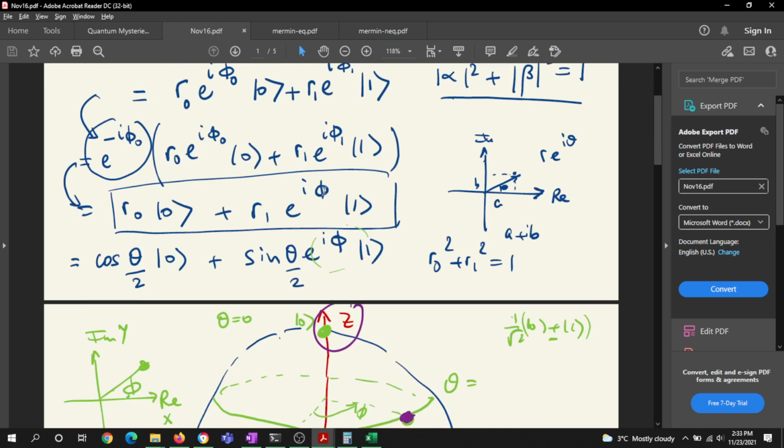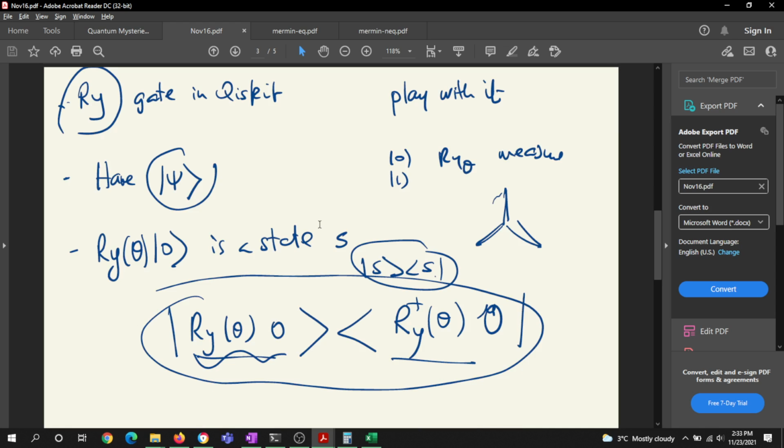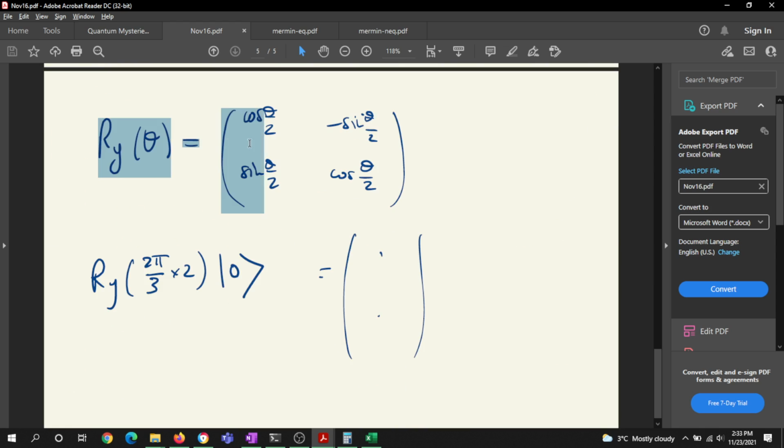In order to motivate how we're going to do the Mermin experiment, we propose a projector that has a custom rotation around the y-axis by a certain amount, say an amount theta. Then we give the matrix form of it here, where R of theta is equal to this operator. We don't really need to know the matrix form because Qiskit actually has a rotation around the y-axis operator built inside of it.